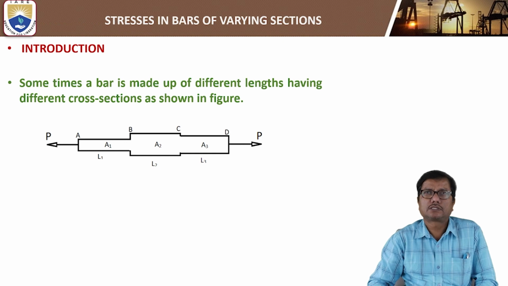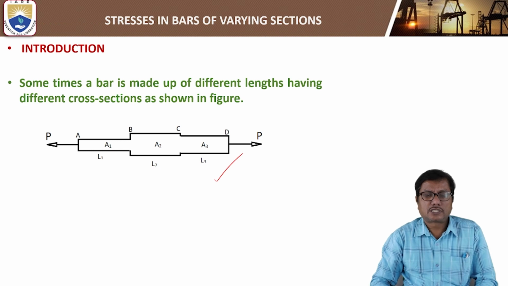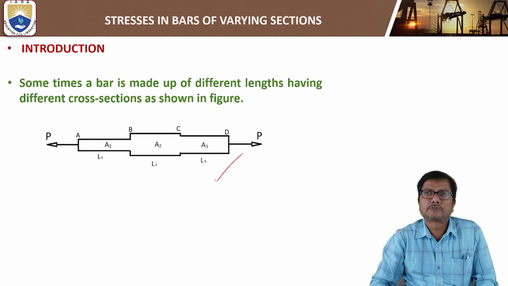Let us consider first a composite bar made up of three bars of different sections having areas A1, A2, A3 and lengths L1, L2 and L3, as shown in the figure, and subjected to an axial tensile force P. Now, what will be the total elongation of this?